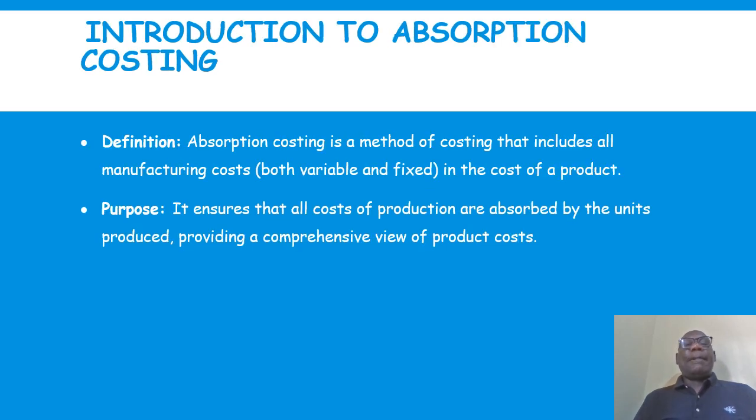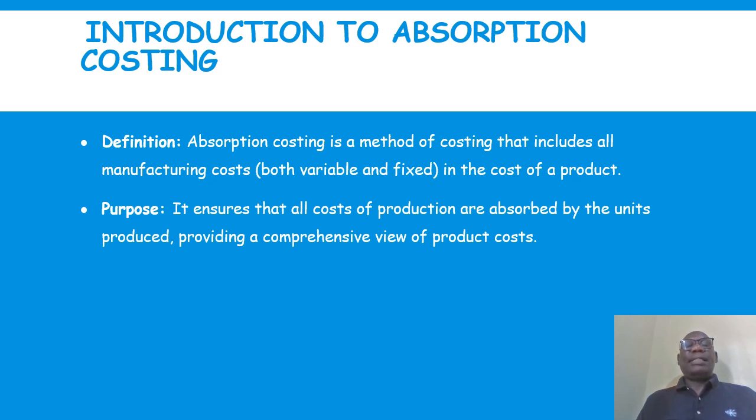So, let us have a look at the introduction to absorption costing. In this particular slide, our focus will be to look at two things: the definition of absorption costing and its purpose. So what is absorption costing? Absorption costing is simply a method or approach of costing that includes all manufacturing costs.